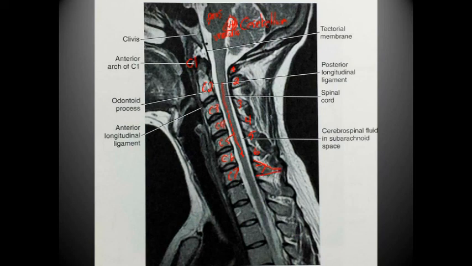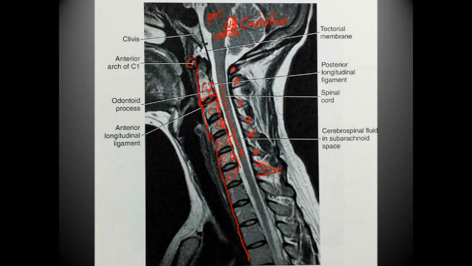Additionally, we have the intervertebral disc once again. And we have the anterior and posterior longitudinal ligaments. These help to hold the spine in place and keep things from moving and shifting too much. We see the anterior longitudinal ligament running down across the vertebral bodies anteriorly, and the posterior longitudinal ligament doing much the same as well.